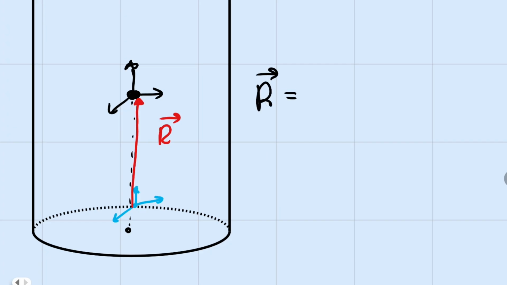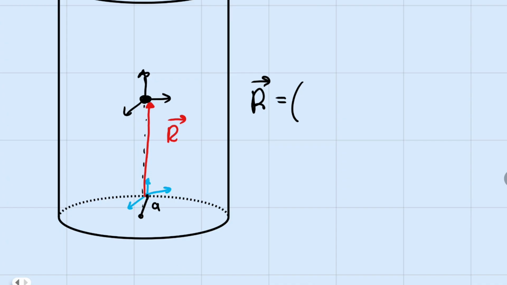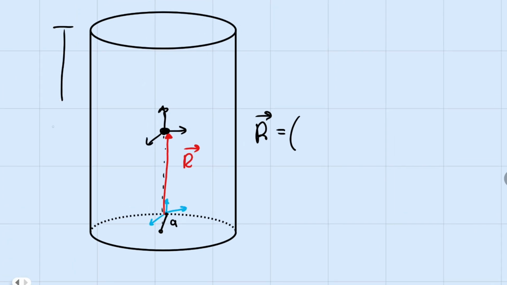The vector r for the x coordinate: this is at the center of the cylinder and this is at the perimeter of the base, so this distance is going to be a, because that is the radius of the cylinder. I forgot to mention that this cylinder is of radius a and height h, of course, and the total mass is m.